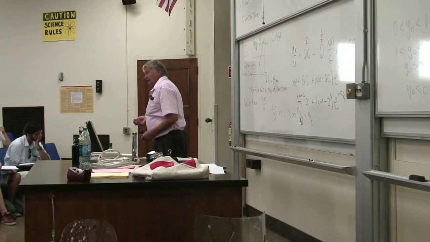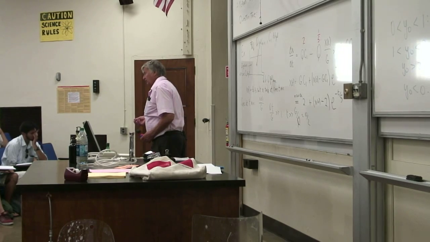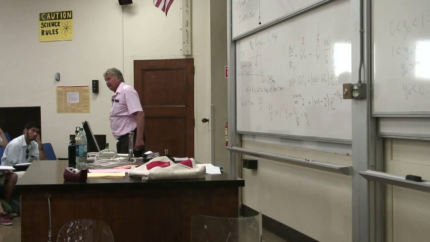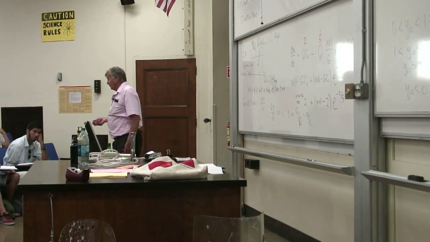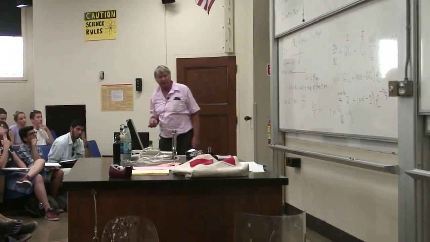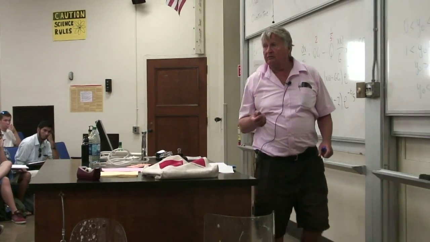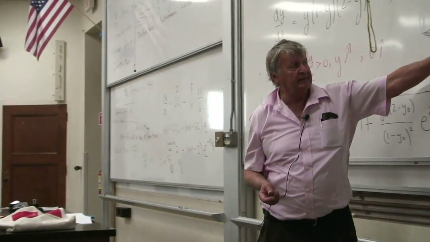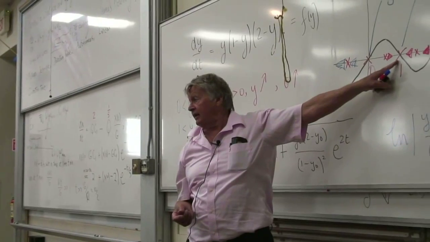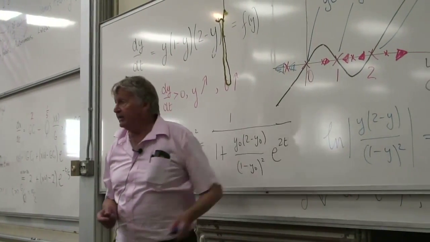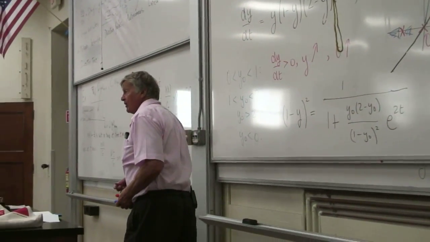It's interesting to know what is the set of all initial conditions, starting conditions, y0, for which a solution to the problem will end up at this asymptotically stable equilibrium? If I'm going to end up here at 1, where must I start?